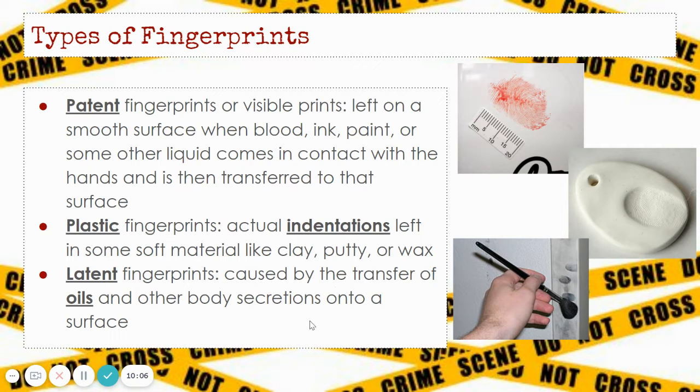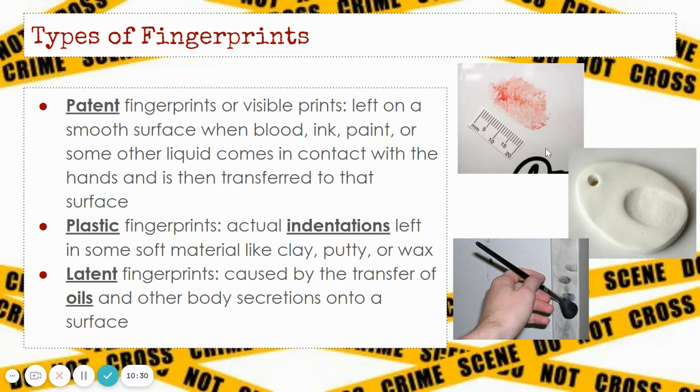All right, there's different types of fingerprints that we can have. Patent fingerprints are also sometimes called visible prints. Those are prints that are left on a smooth surface by something like blood, ink, or paint, some other liquid that comes in contact with the suspect's hands, and then it transfers that to the surface. These are fingerprints that you can see without any additional equipment, right?